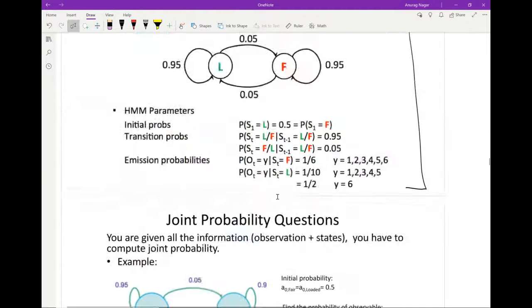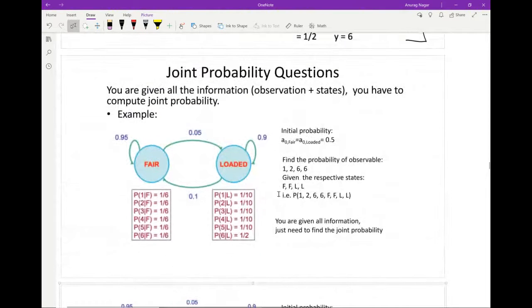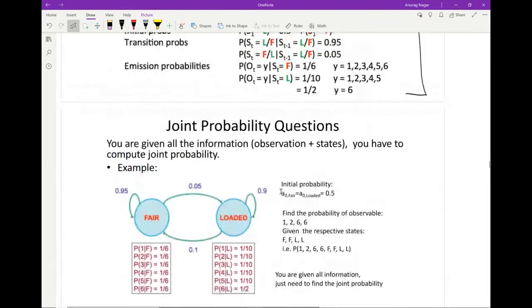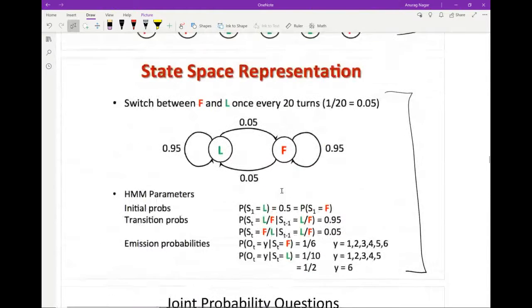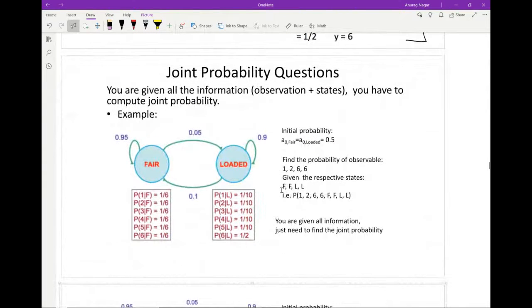Since we have these things which are given to you, the whole thing. Now, with this model of the HMM, suppose this is observable, this is hidden. And as I said, I want the joint probability of observable and hidden for time t, the whole thing.